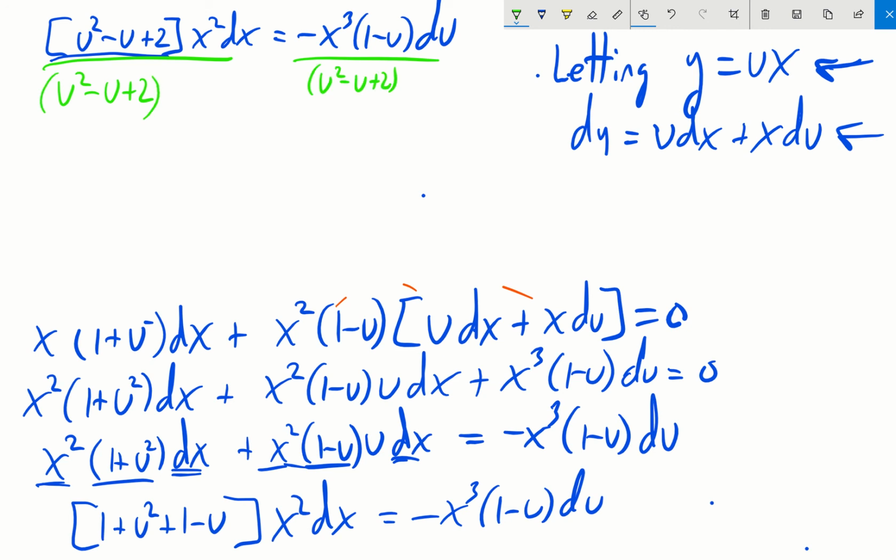We also want to get rid of the x cubed that's here. So I'll divide by the negative x cubed, since really we're interested in solving for u, so it might be convenient to have a positive factor there for our u. And here's what we get.